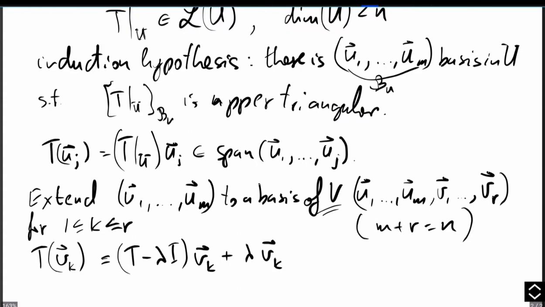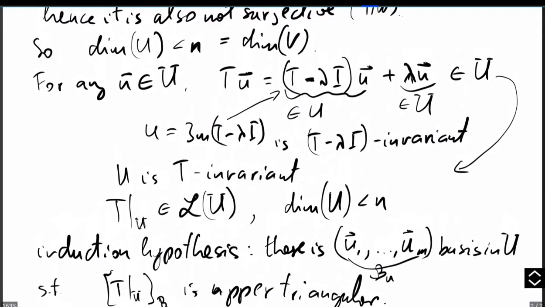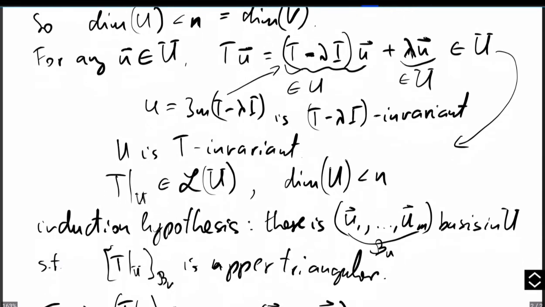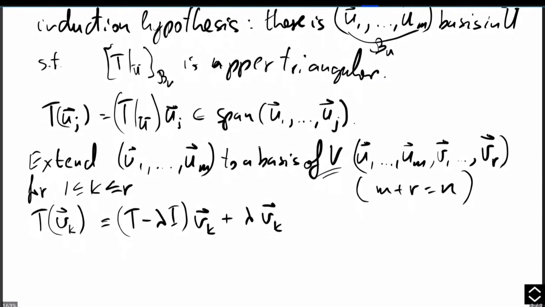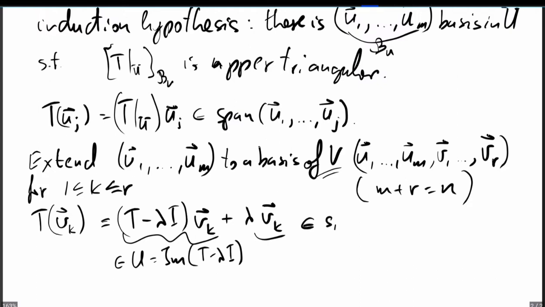By the definition of U, which was the image of T minus lambda I, the first part is in the image, which means it is in U. And then this is just a scalar multiple of vk. The image was the span of u1, ..., um, so the first part is in the span of u1, ..., um, and then we just add the vk vector.